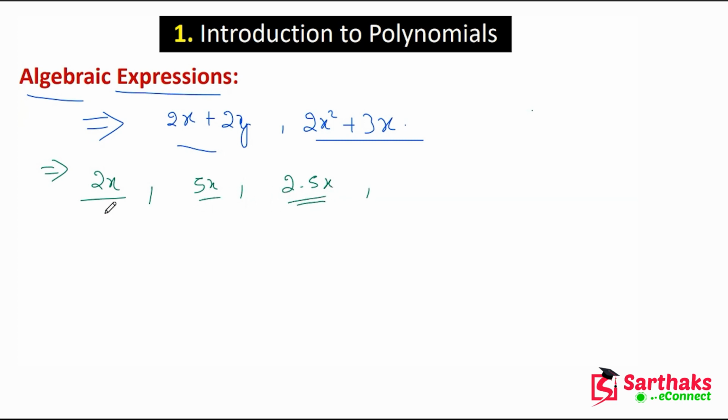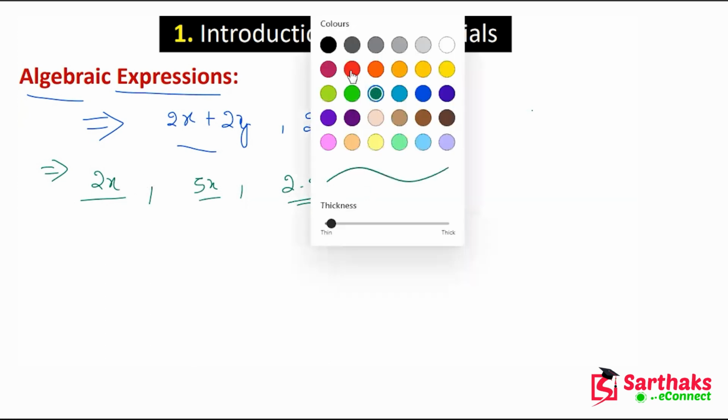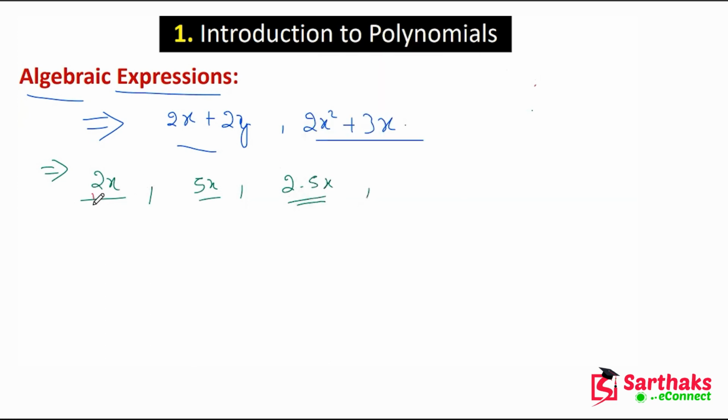In all these terms, 2 is the constant and x is the variable. Here 5 is the constant and x is the variable. So these are the terms.